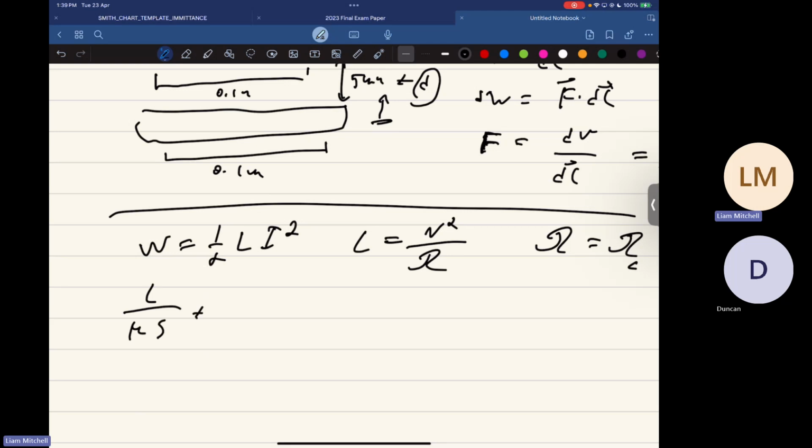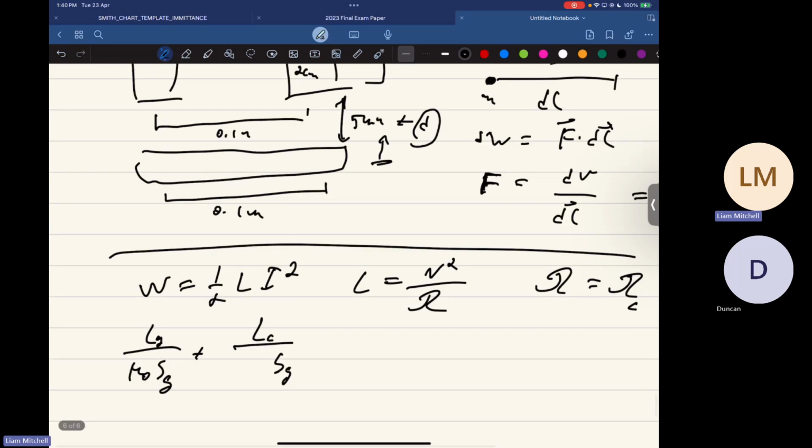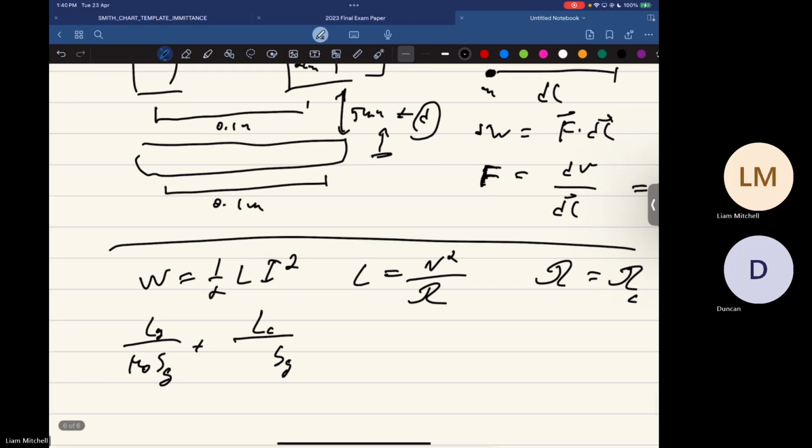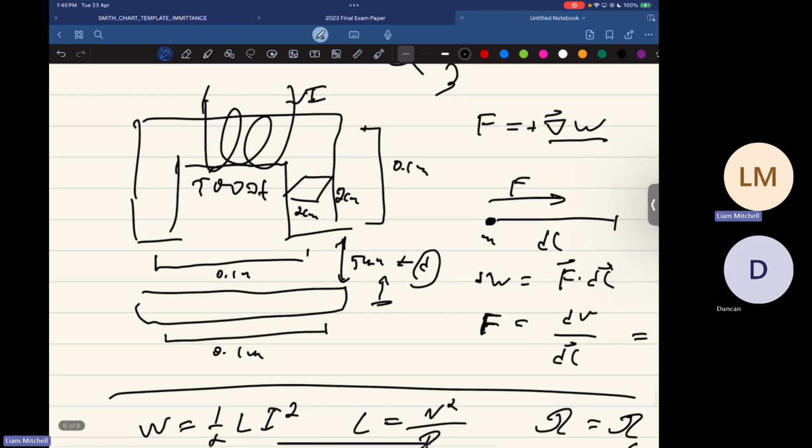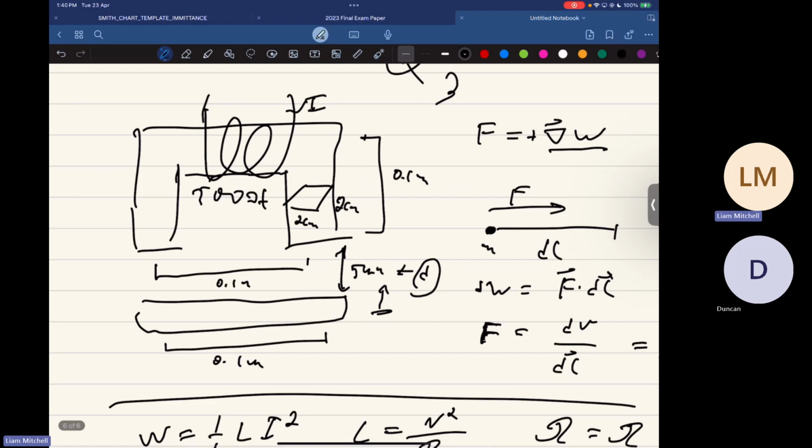So for the gap, it's d over S mu naught, plus L core over S mu r mu naught, with the same cross-sectional area for the core and the gap. The core length is 0.4 meters, because you have 0.1, 0.1, 0.1, 0.1 all the way around.